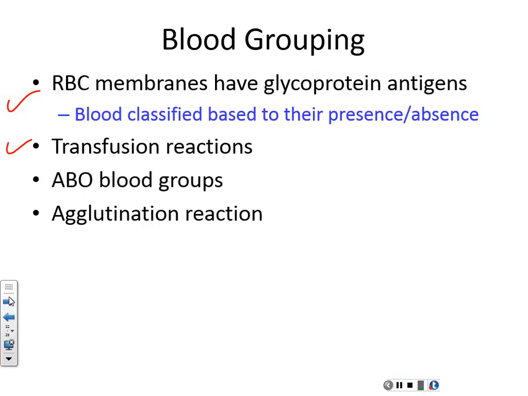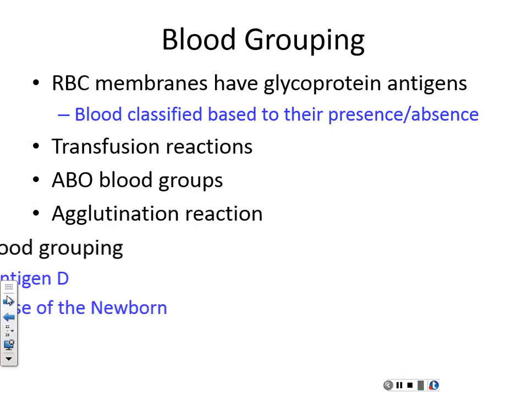I just want you to know the antigen that is there and the antibody that's there, and then understand which blood group is the universal donor, which is O, because O doesn't have any A or B antigens on the red blood cell. There's nothing, at least for the ABO. It doesn't mean it's completely devoid of antigens.